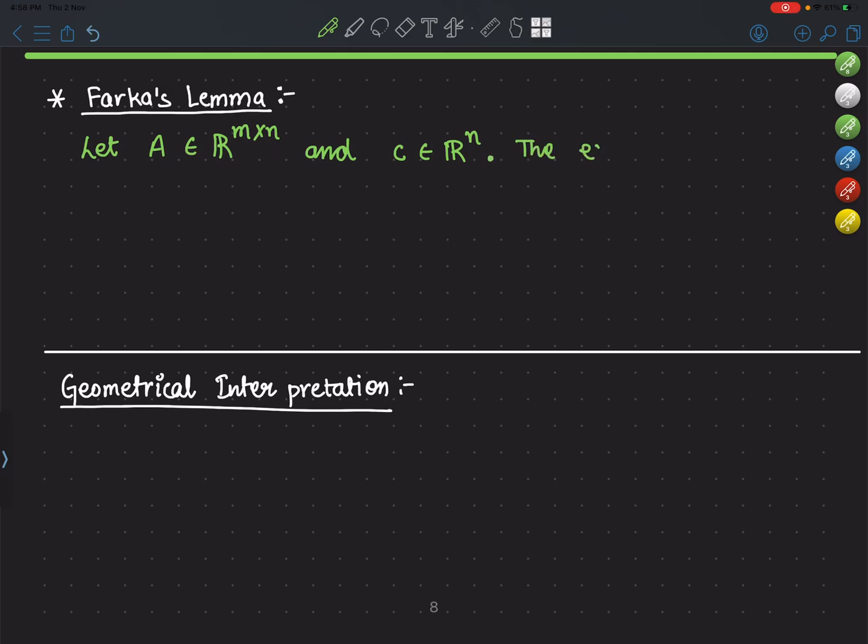Then exactly one of the following two systems has a solution.